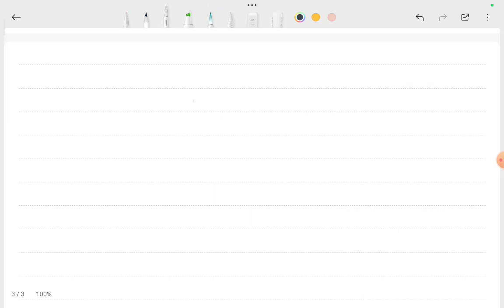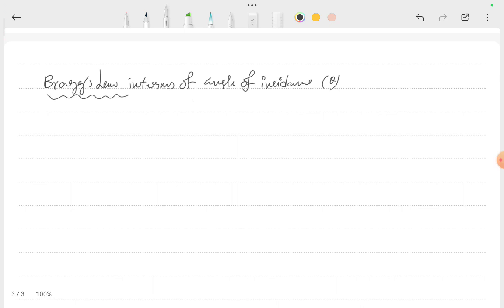Bragg's law in terms of angle of incidence, theta.